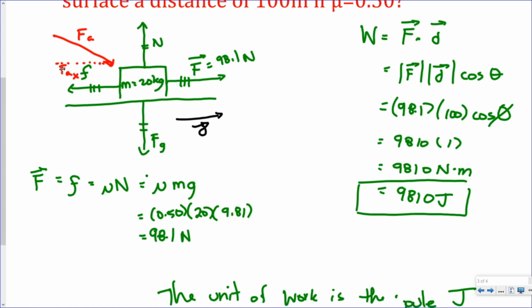And then it would be this times the displacement times whatever this angle would happen to be. So you'd have to be careful about that. That would have also affected our other calculations, because this would also have a y component, which would affect our normal force calculation and so on and so forth. But in the context of work, that would have given us a different value over here, a value less than 1.